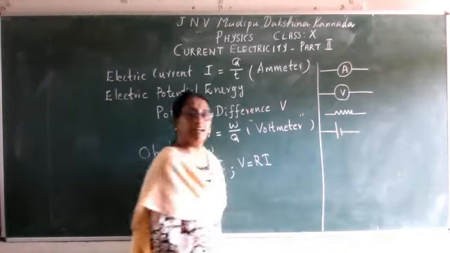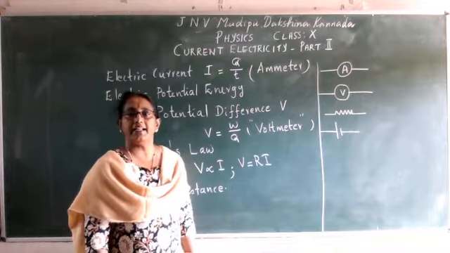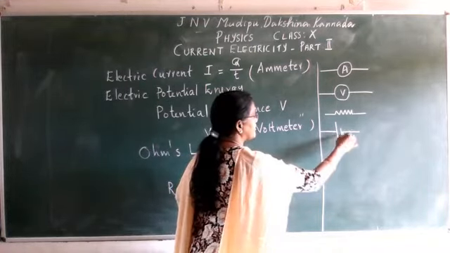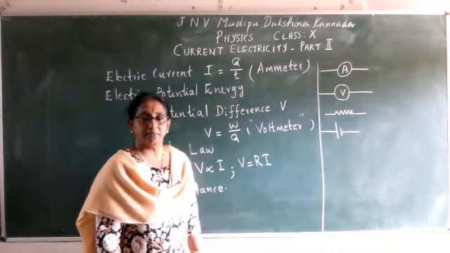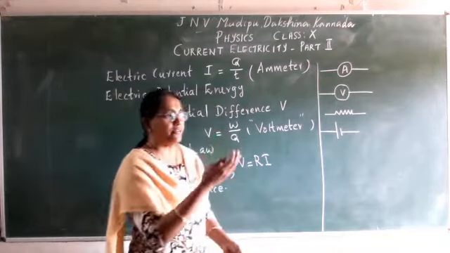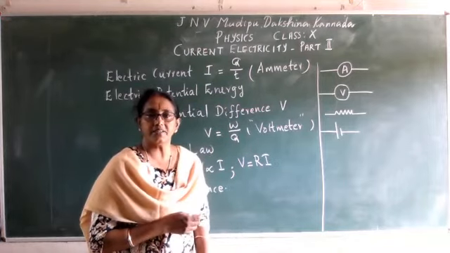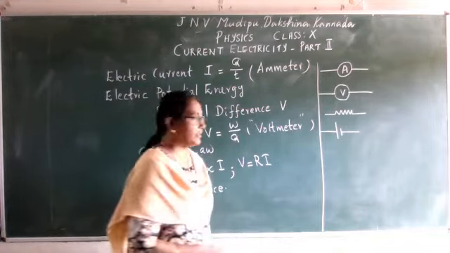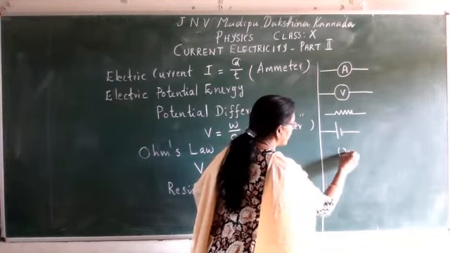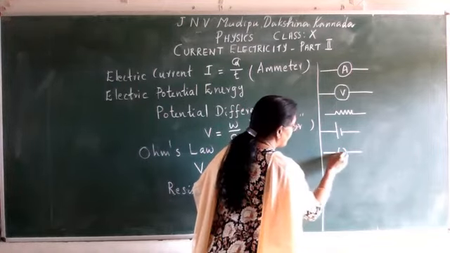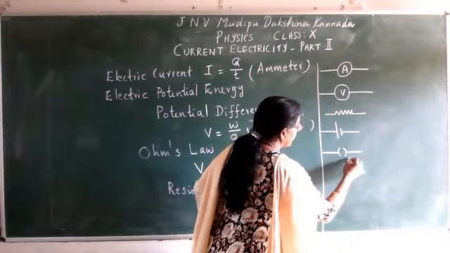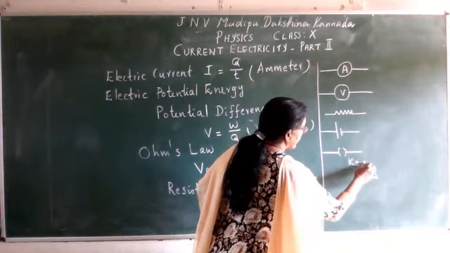The big line corresponds to the positive terminal and the small line corresponds to the negative terminal. In addition, wherever we see electric circuits, we can see switches. In the lab, the switch we are using will not be called a switch. It will be denoted by the letter K, and that is called a key.